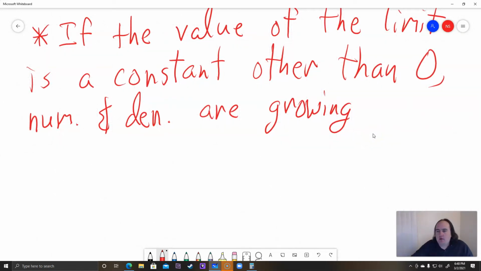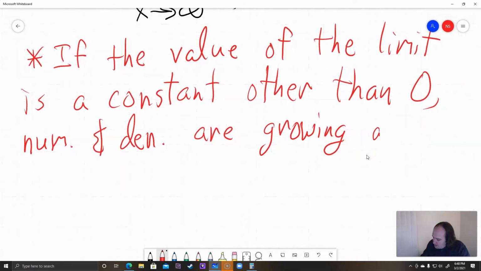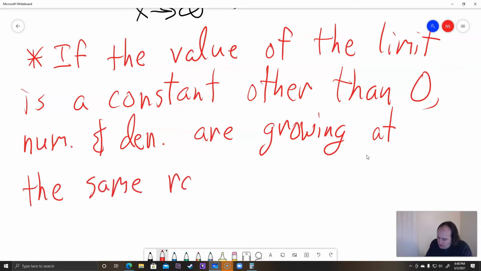Okay, and you might be wondering, well, why does that mean they're growing at the same rate? Well, relatively speaking, you only care about what the functions are doing as you're approaching infinity. So if the value of the infinite limit of those ratios is equal to a constant, that means they're only off by a constant, which means that as you approach infinity, they're both approaching it at basically the same rate.